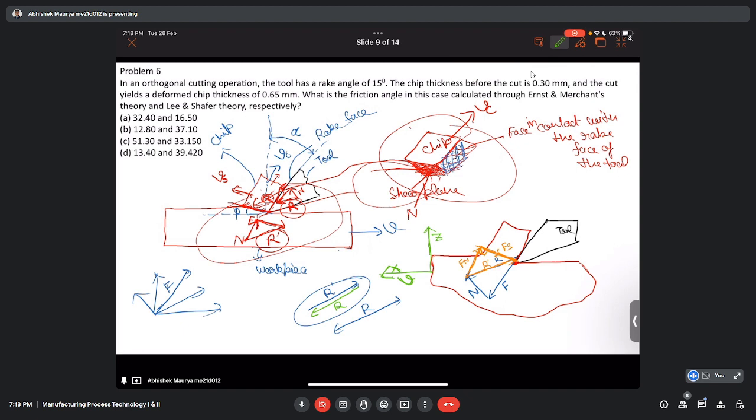So this resultant force can also be resolved in another two directions.